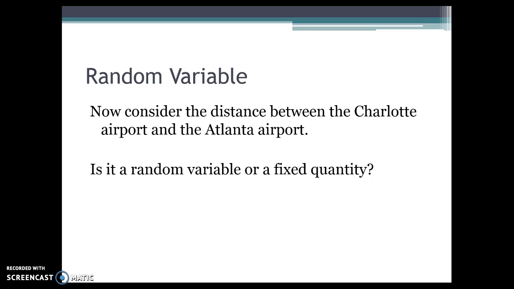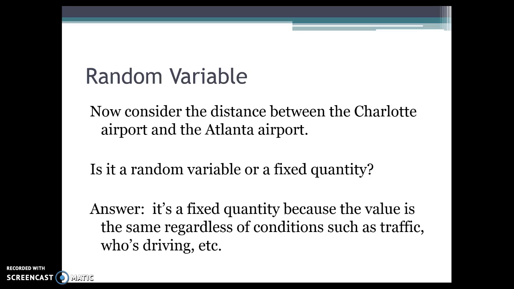By contrast, let's look at the distance between the Charlotte airport and the Atlanta airport. That one is going to be a fixed quantity because that value doesn't change based on traffic, time of day, who's driving, etc. Okay? So that's the difference between a random variable and a fixed quantity.